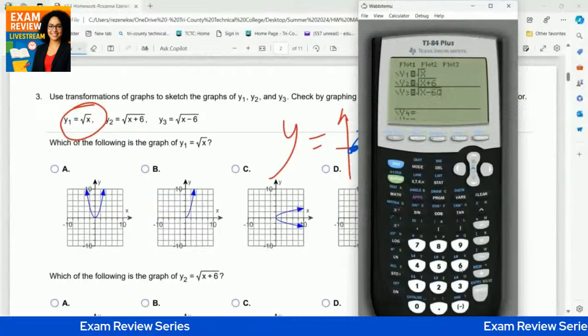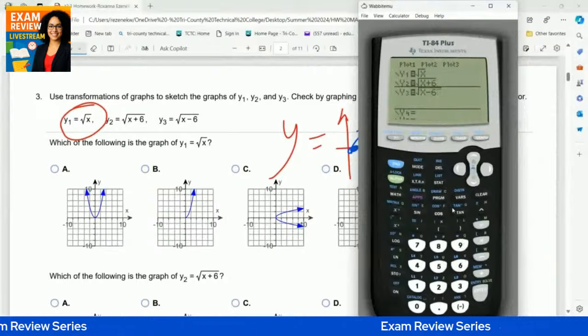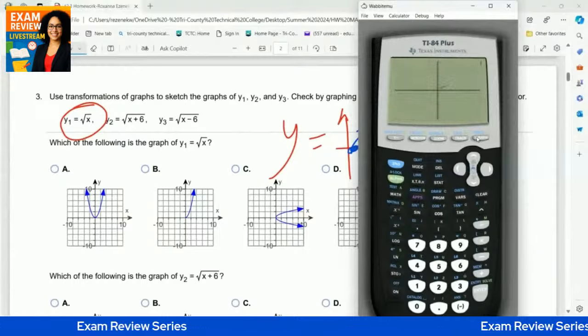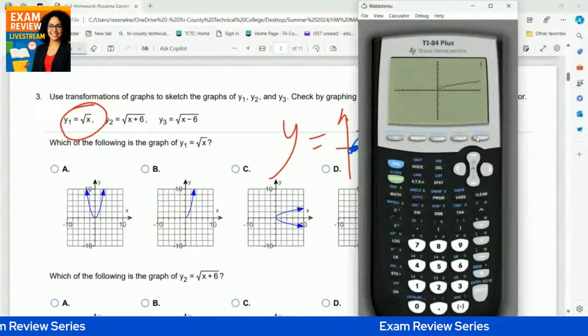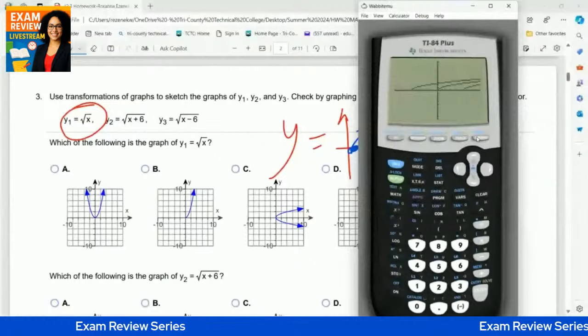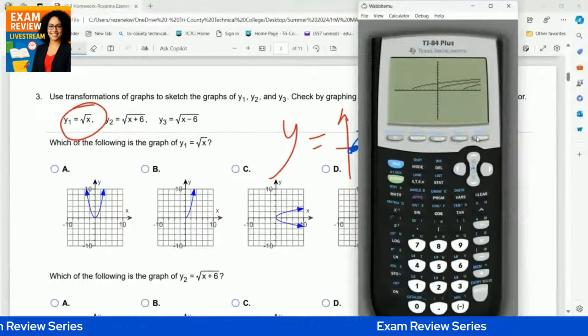All right, so my window is still good. It's a standard window. I can get what I have. So I'm going to graph. So this is a horizontal translation of the square root function. And notice that each one of them is increasing throughout the domain.